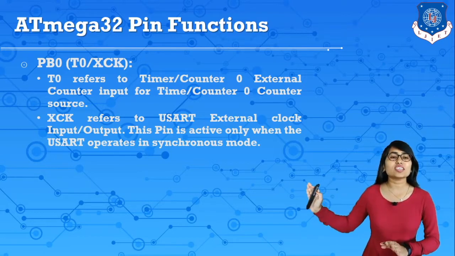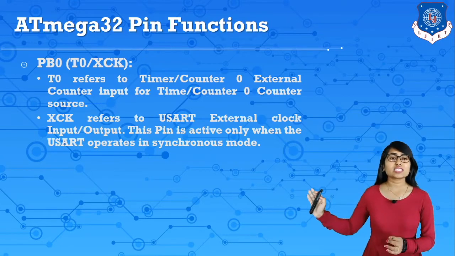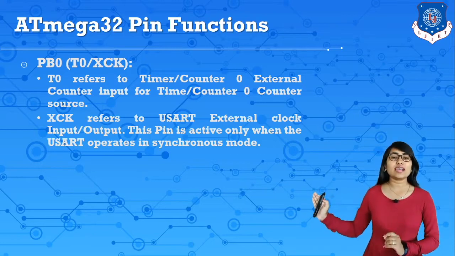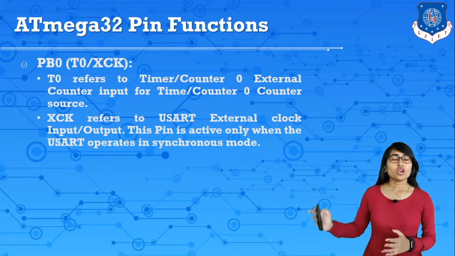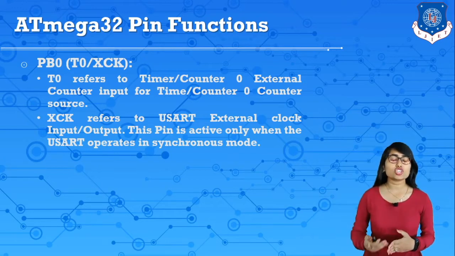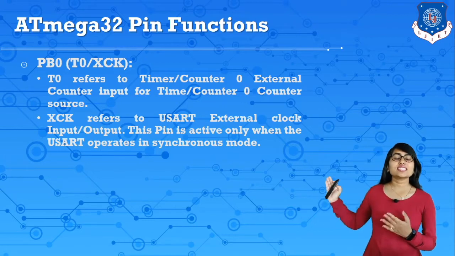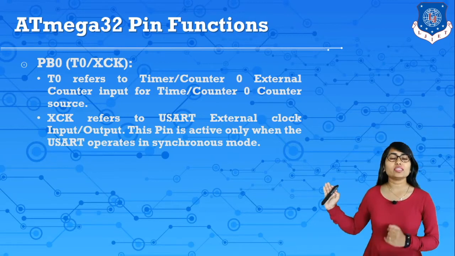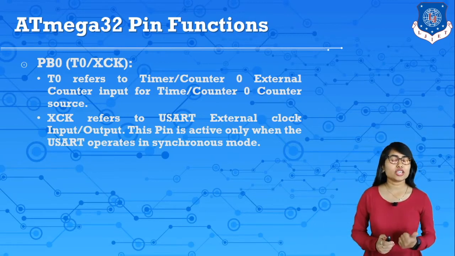And XCK refers to the USART external clock input output. Whenever the USART is used for serial transmission, this XCK pin is used to apply the clock. This pin is active only when the USART operates in synchronous mode.